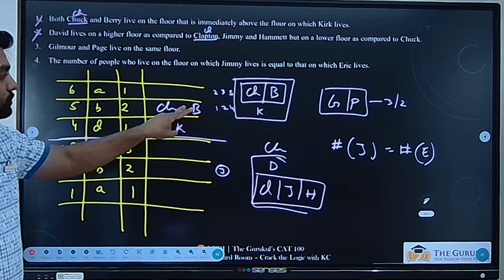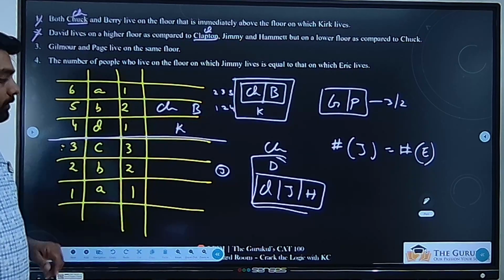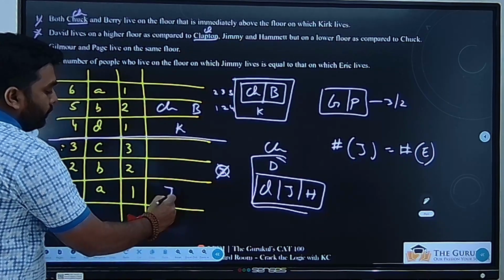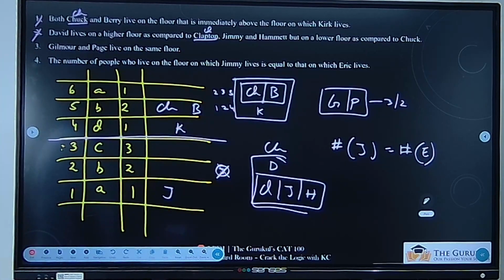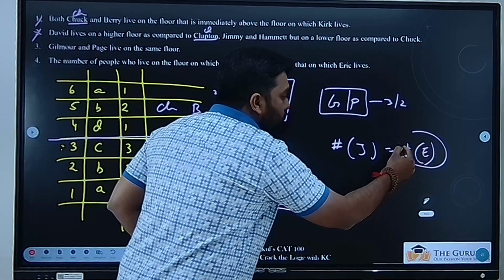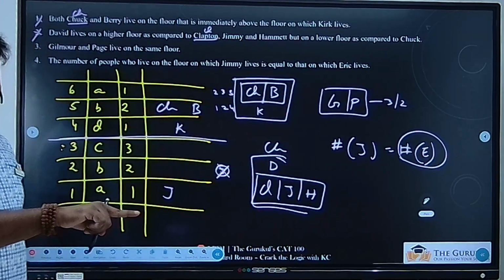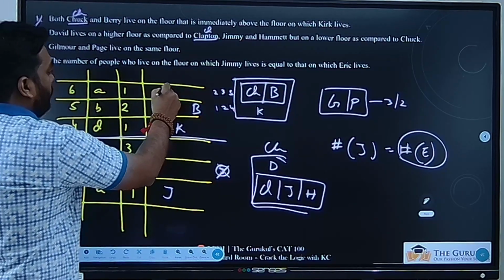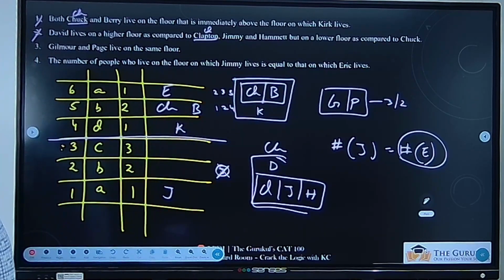But 5th floor is occupied with these 2 people already, which means J cannot come here. The only possibility left is J should be coming in the 1st floor, in which only one person is living. So E should also be living in another floor where there is only one person living. The other floor where one person is living is floor number 6.